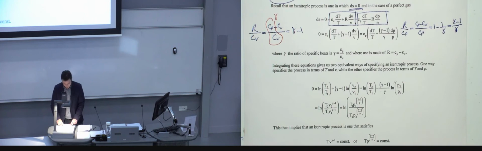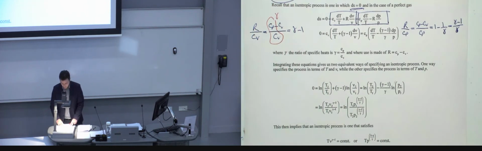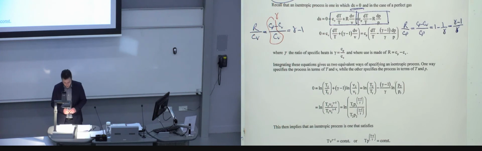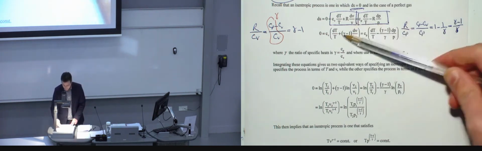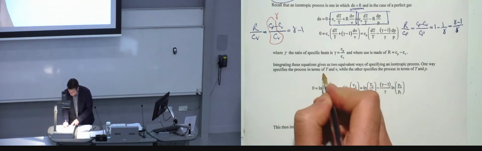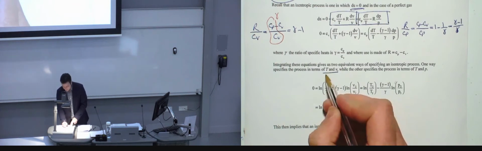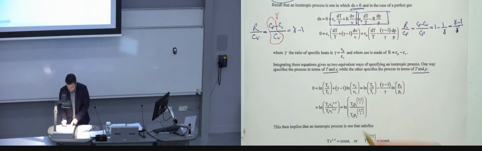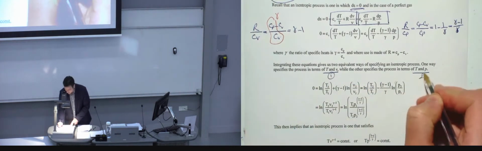Now, looking at the isentropic process, you can start simplifying these equations even further in a way that you get some relationship between T and V, and between T and P. So this is what I'm doing now.